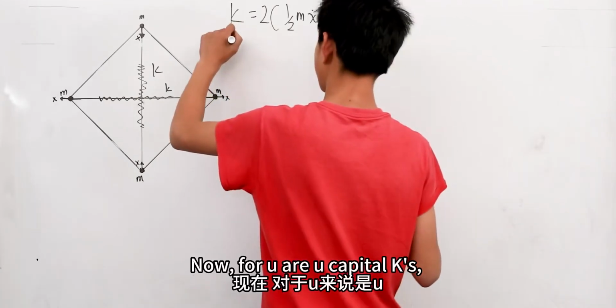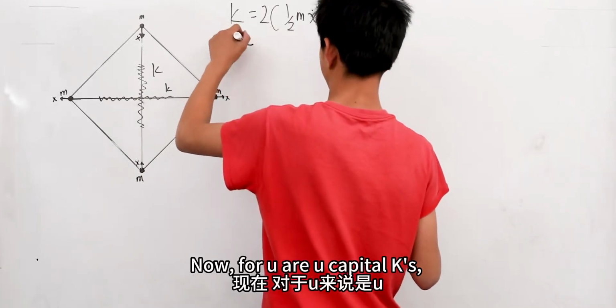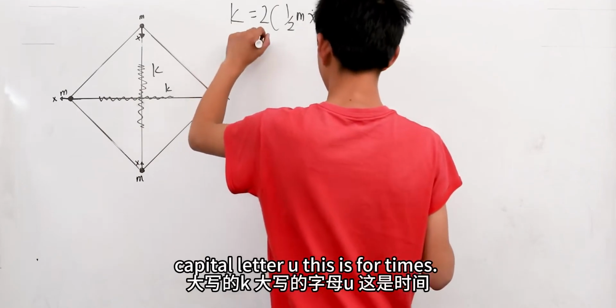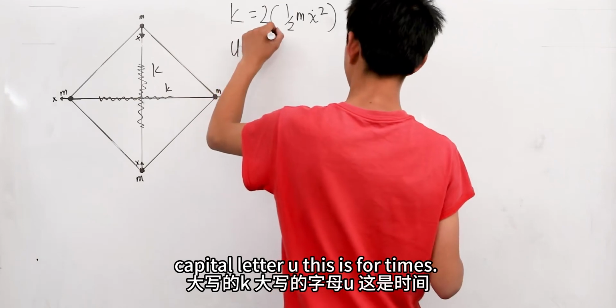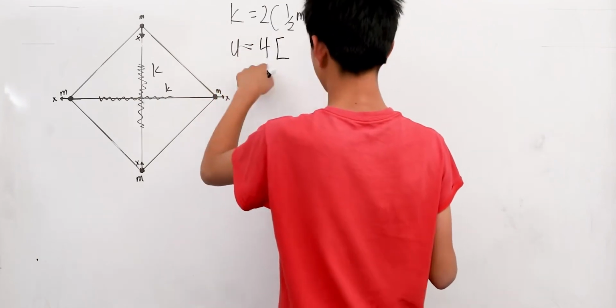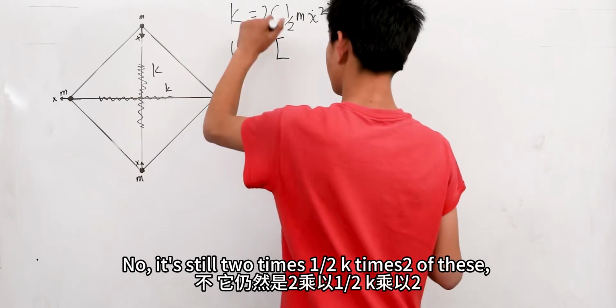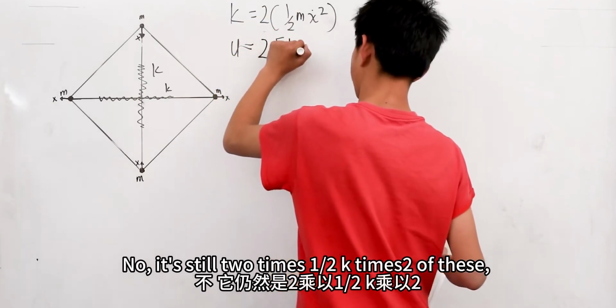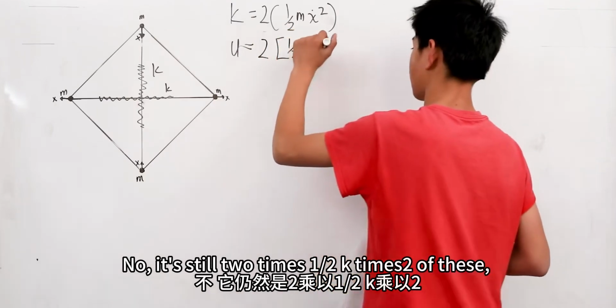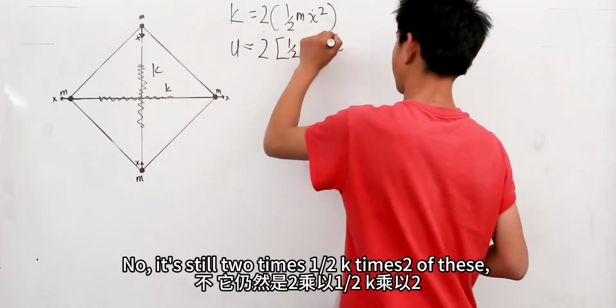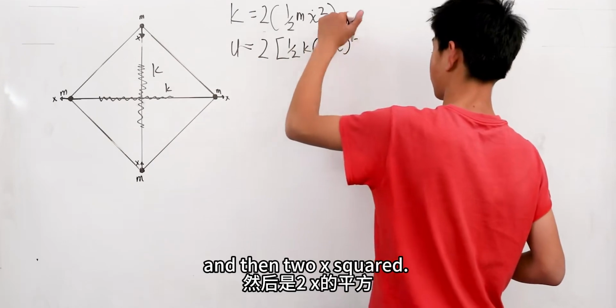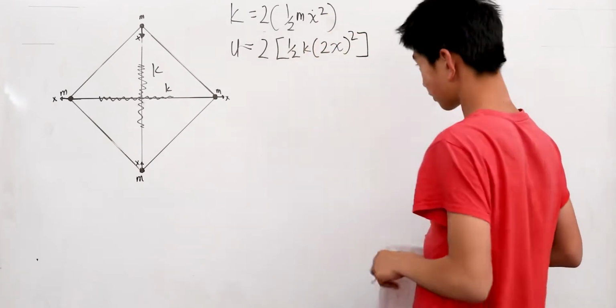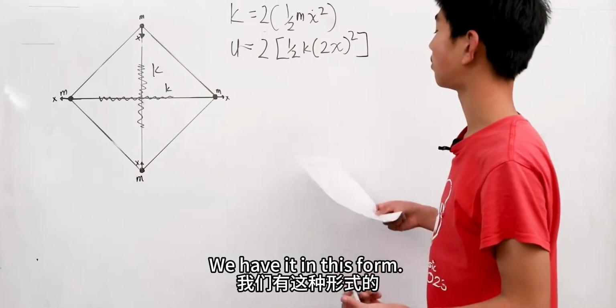Now for U, capital letter U, this is 4 times, or no, it's still 2. 2 times 1/2 k times 2 of these, and then 2x squared. So we have it in this form.